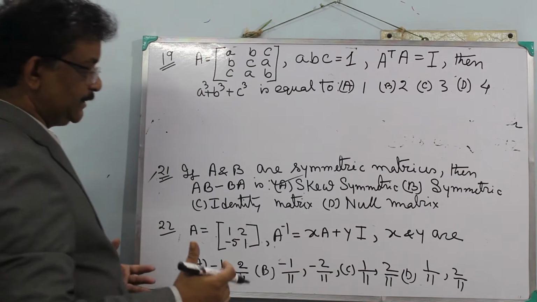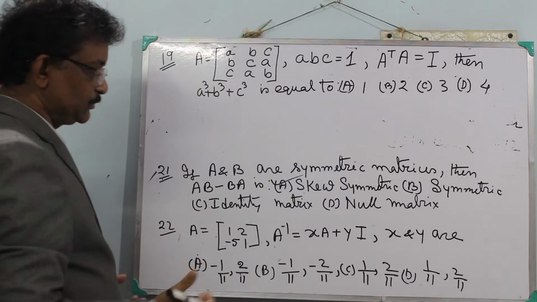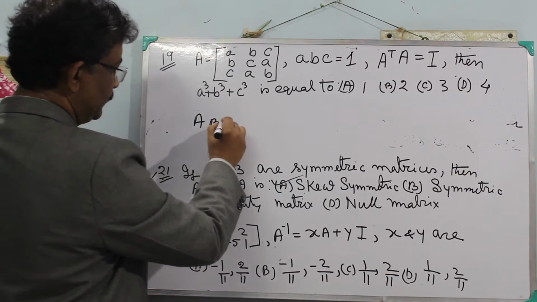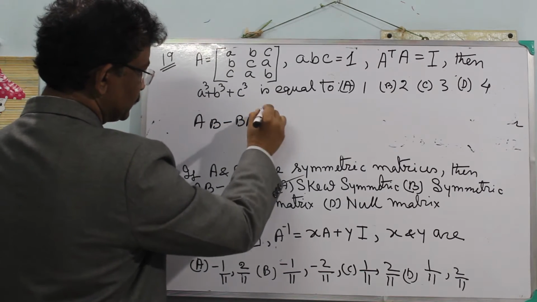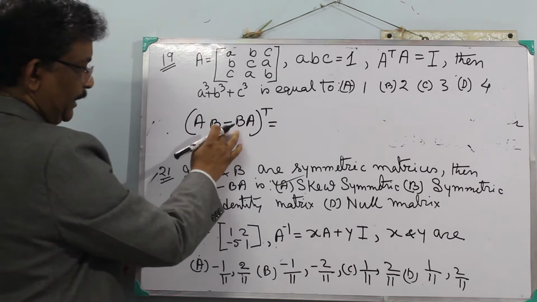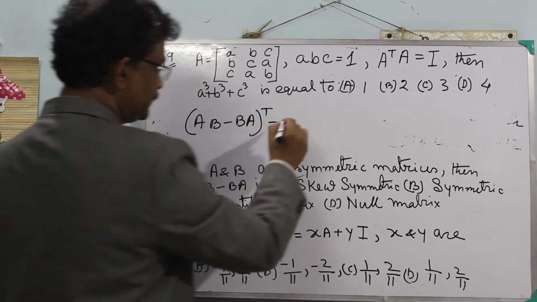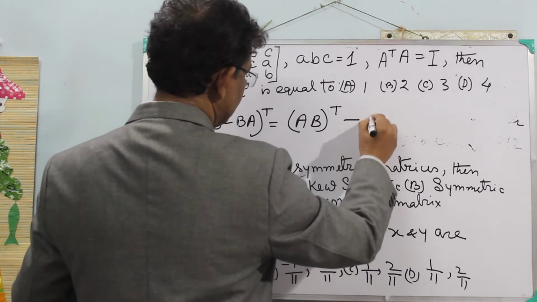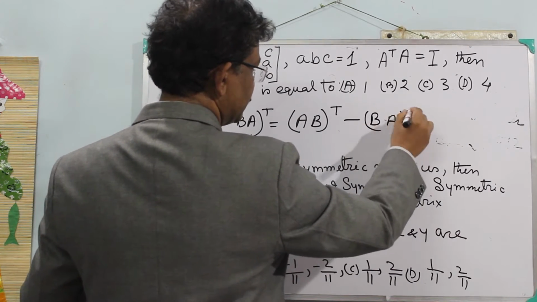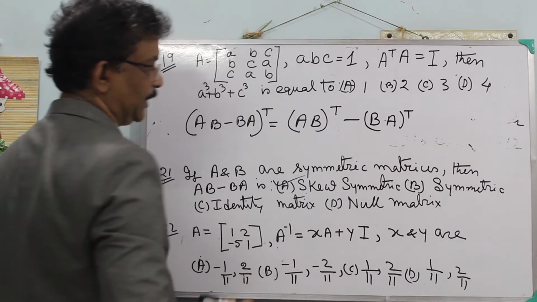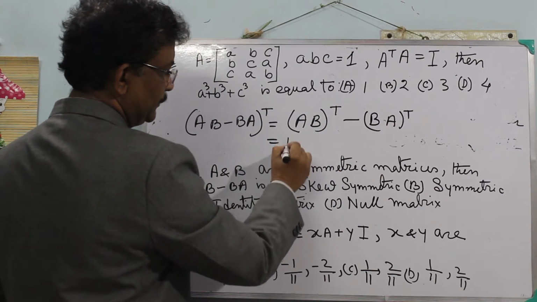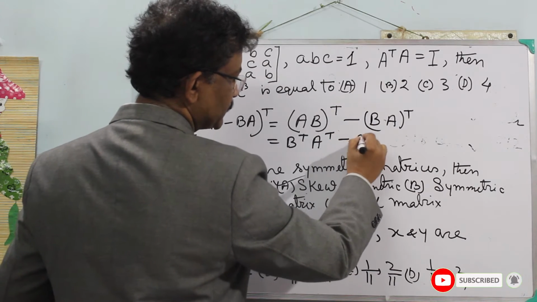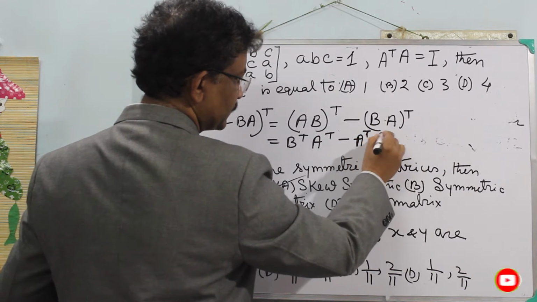If a question comes like this, whether it is symmetric or skew symmetric, we will transpose the given matrix. So (AB minus BA) transpose equals, if there is minus or plus, it doesn't matter, AB transpose minus BA transpose. If it is plus, then here it will be plus. So this equals B transpose into A transpose minus A transpose B transpose.